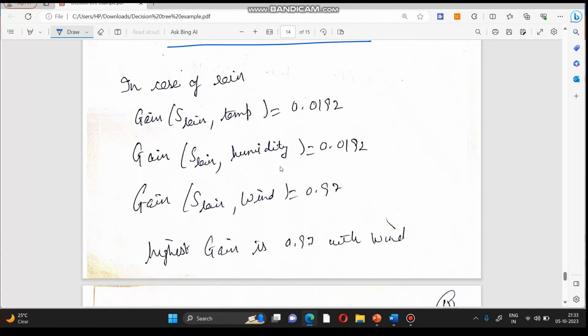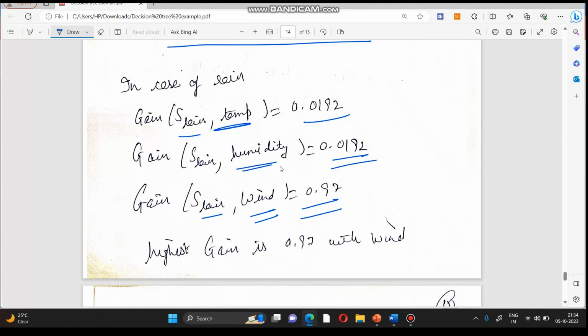Now as we can see, for rain, the information gain is 0.92 for the temperature case, for the humidity attribute the information gain is 0.192, and for rain, when it is wind, the information gain is 0.97. So which is the highest? 0.97.